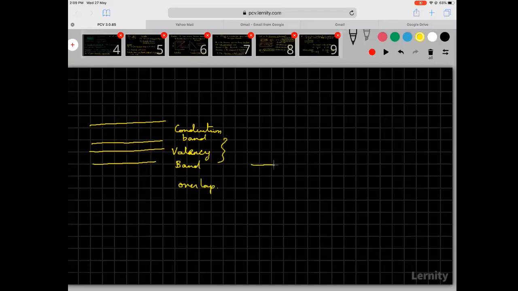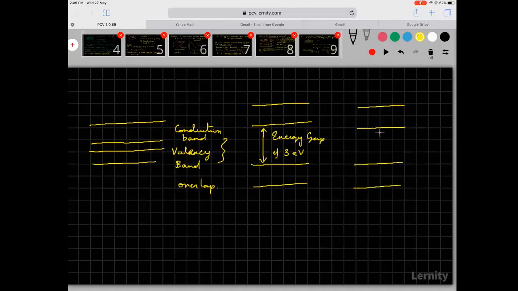Then in an insulator, there is an energy gap of 3 electron volt or more. In a semiconductor, that energy gap is 1.5 electron volt, around that much.